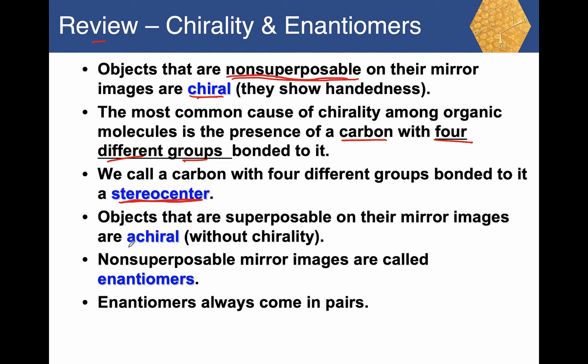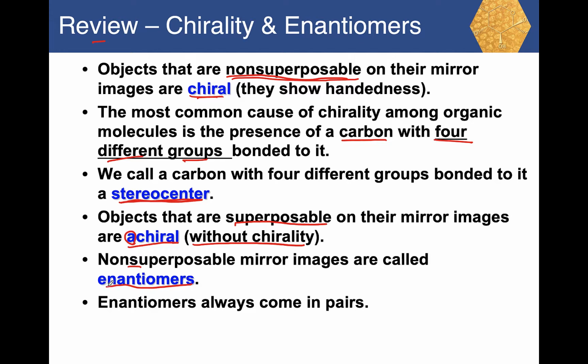Another term is achiral. As you can imagine, the A means the opposite of chiral. So it's without chirality. So the mirror images here are in fact superimposable on itself, which means that they are the same. Enantiomers is another term that we introduced. And remember that enantiomers are non-superimposable mirror images of molecules or of stereoisomers.